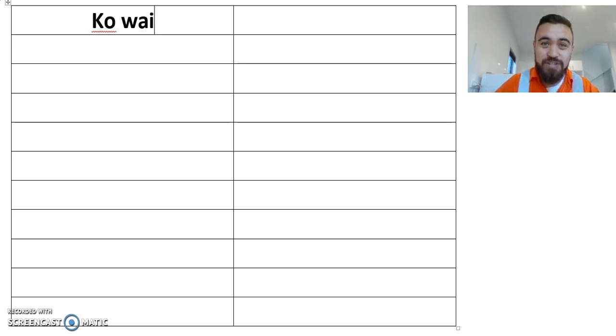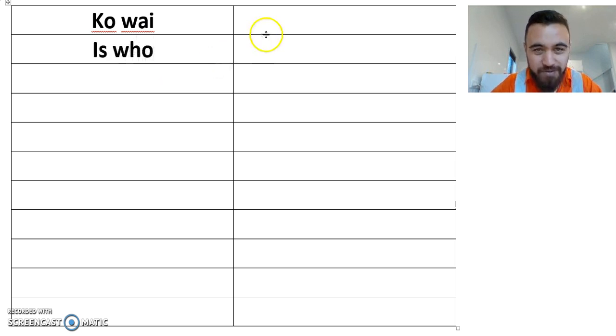So the first two words are KO WAI, and this essentially means who is, but in the structure of the way I'm going to explain it, I'm going to write it a bit wonky in English. So we're going to write is who, just to phrase it a little bit clearer, and we can say KO WAI ia.